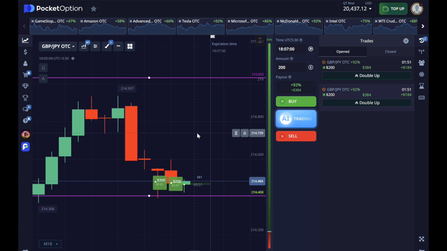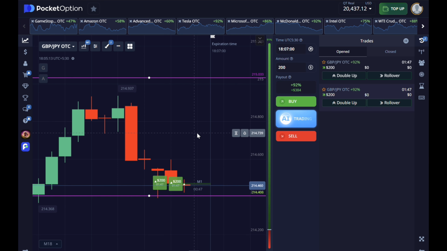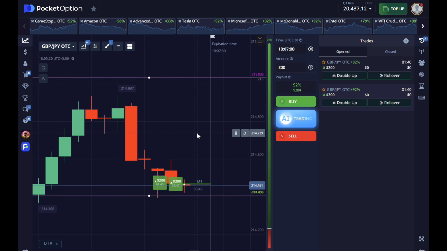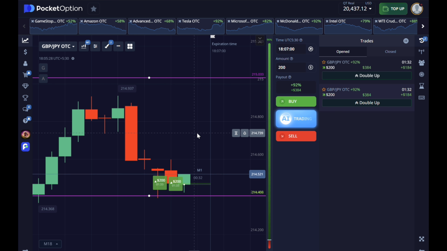And let me tell you one thing. Importantly, I am not a financial advisor. Before placing any trade, please do your own research, because trading is very risky. You can make a profit, but you can also easily incur a loss. So place your trades very thoughtfully and carefully using technical analysis.